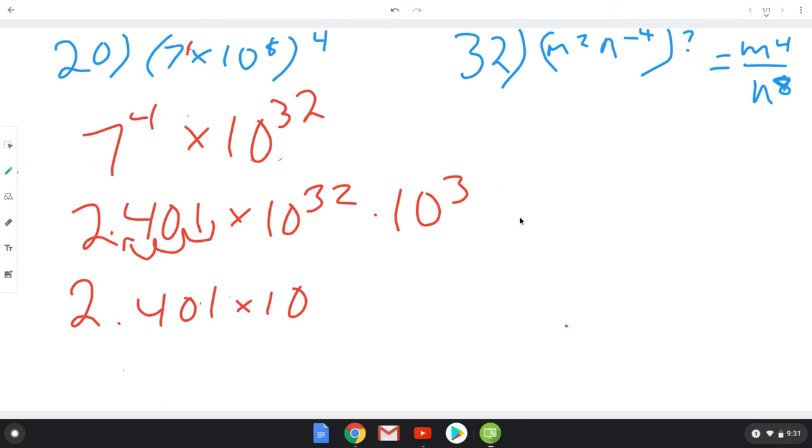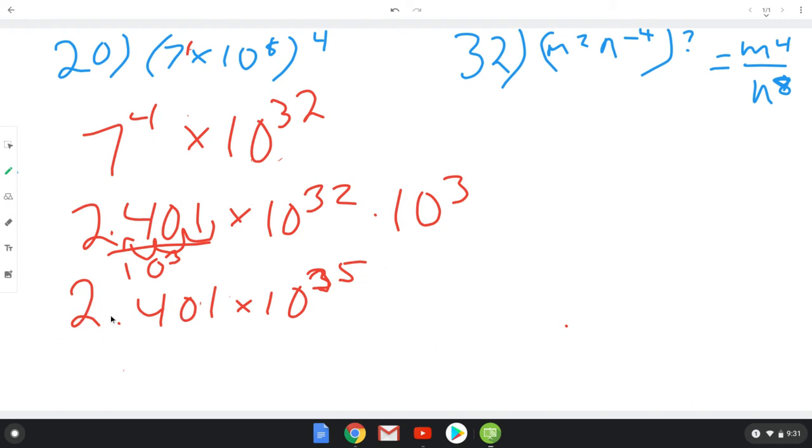If we're dividing this side and multiplying this side, we're not changing anything. So down here, we get 10 to the 35th.